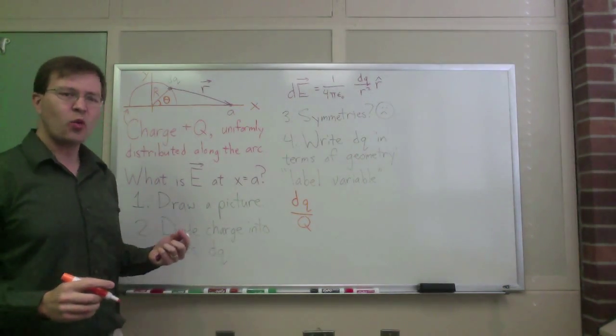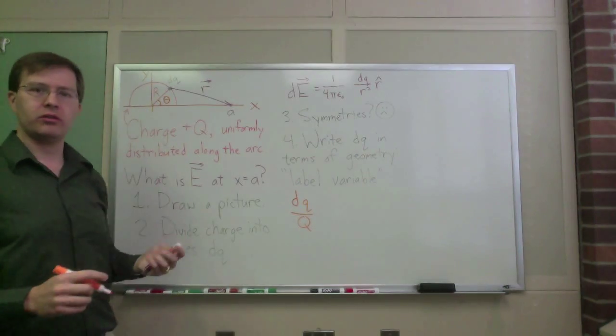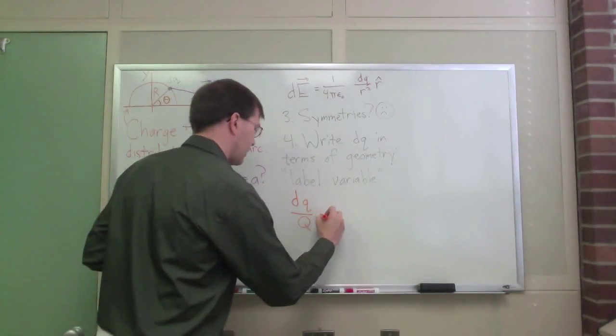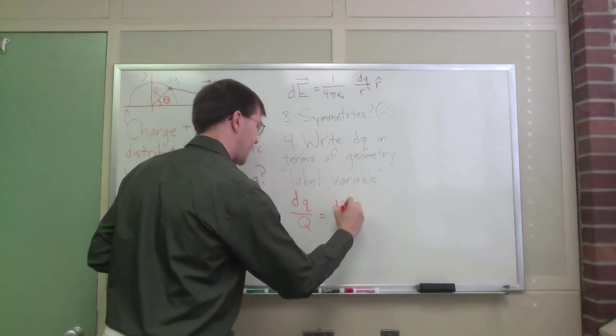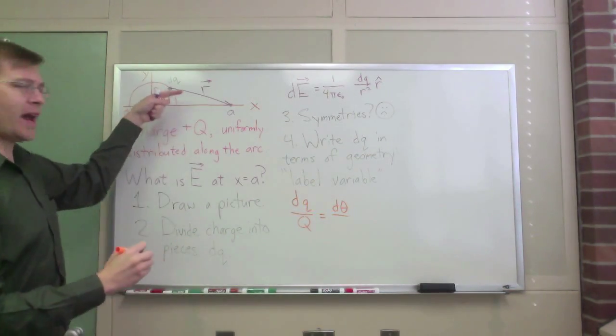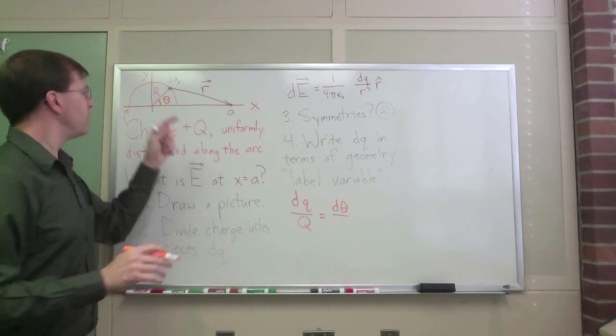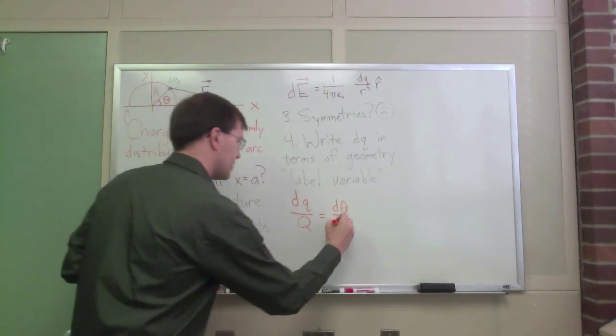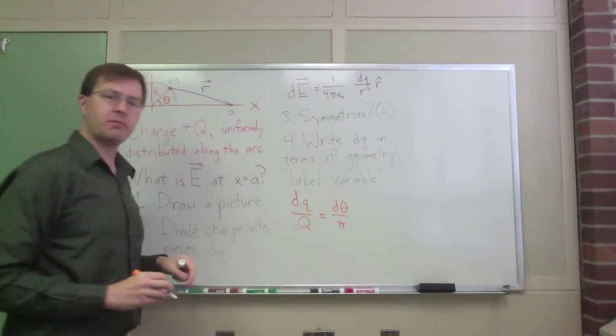Then I could say, what fraction of the total angle is in that little dq? That is d theta divided by my total angle. Always use radians, folks. My total angle goes from theta equals 0 to theta equals pi. So pi is my total angle.